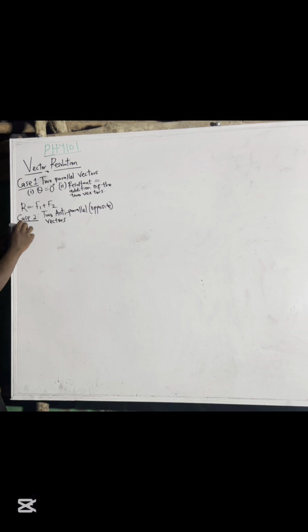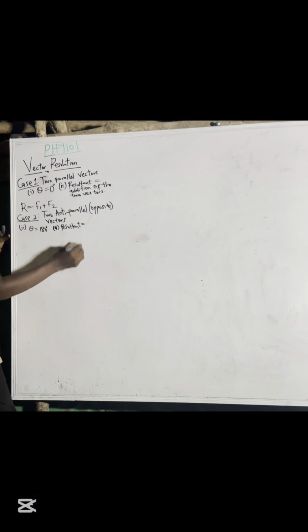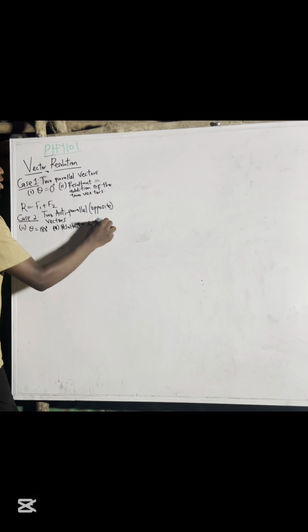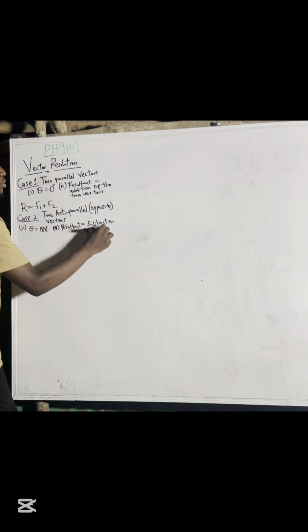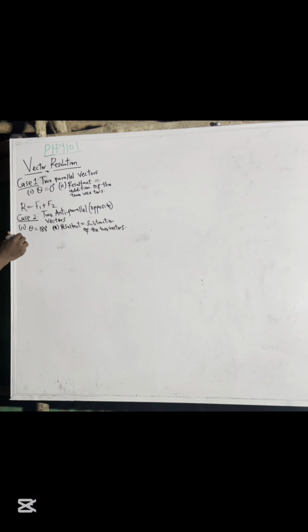So guys, when two vectors are anti-parallel or opposite, their angle theta is equals to 180 degree, and their resultant is equal to subtraction of the two vectors. So guys, let's say we have force 1 and force 2.